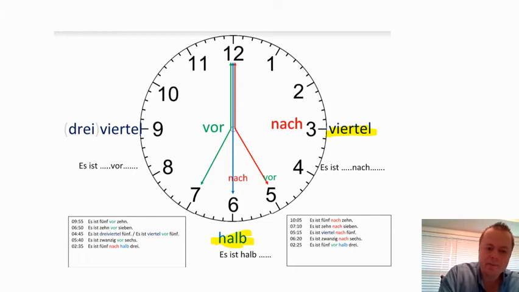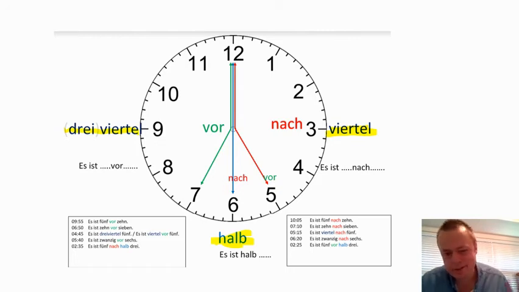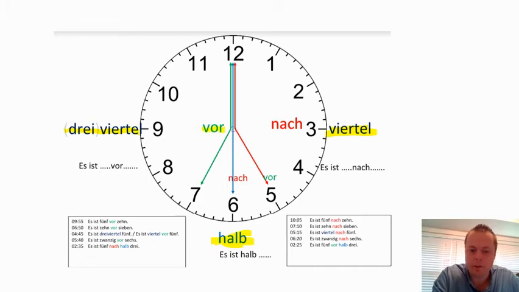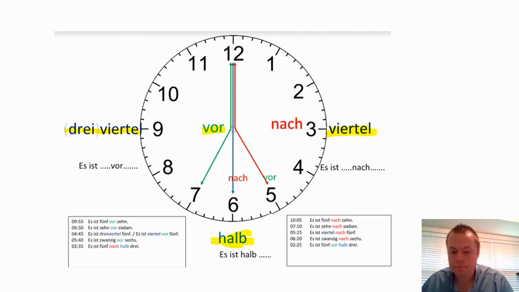And there are times that you might use it up here, drei Viertel, in that you want to say 3/4 past 1. You can say that, but it's oftentimes better to say Viertel vor. So if something is at 45, like for example, 1:45, then you would say Viertel vor 2. Viertel vor 2.